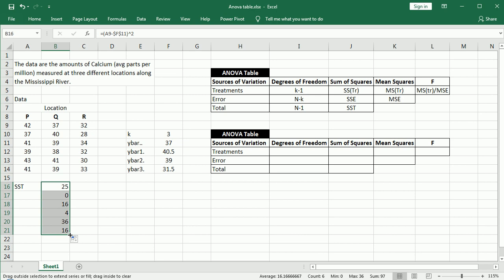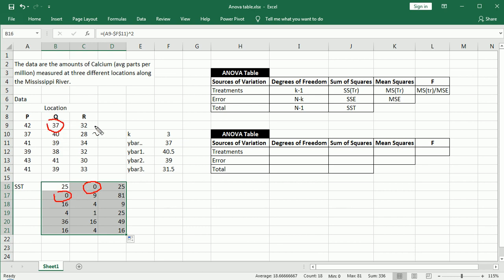That needs to be repeated for every single observation. For example, you see here a 0 and here a 0. That's because that was 37 minus 37 squared. For example, here it's 33 minus 37. That's negative 4 squared, 16. So we know we're doing the right thing.